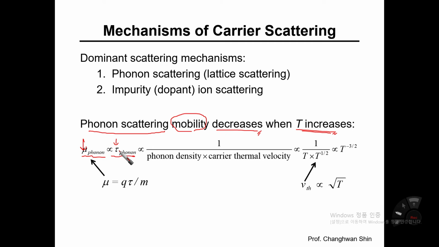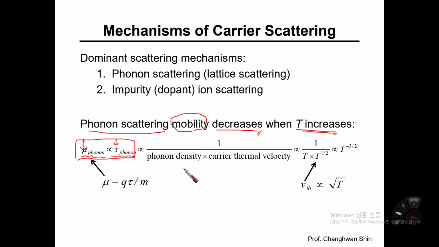So if the average time between two collisions is long, then the mobility of electrons and holes governed by phonon becomes higher. So following your intuition, you're going to simply understand this relation.